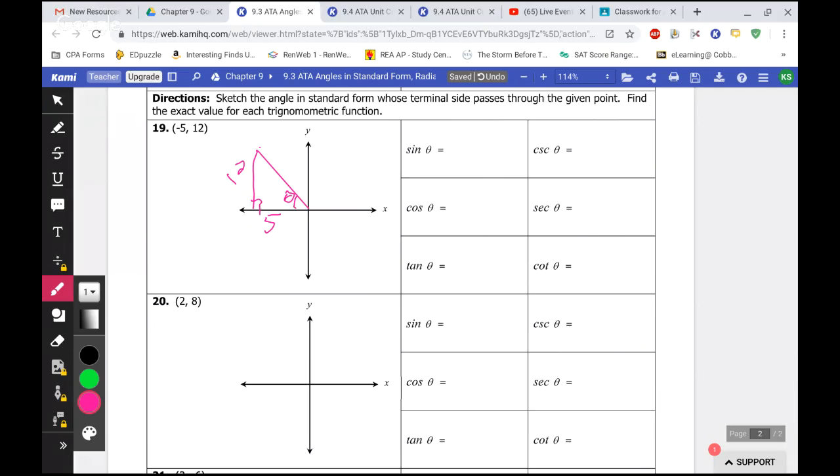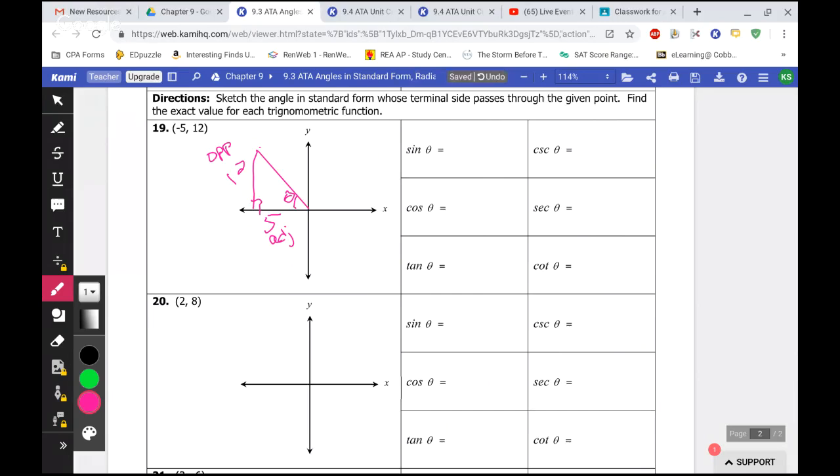We'll pretend that's theta. So that means that this is sine and cosine, or you've got your, this is going to be opposite over, and this is adjacent, right?